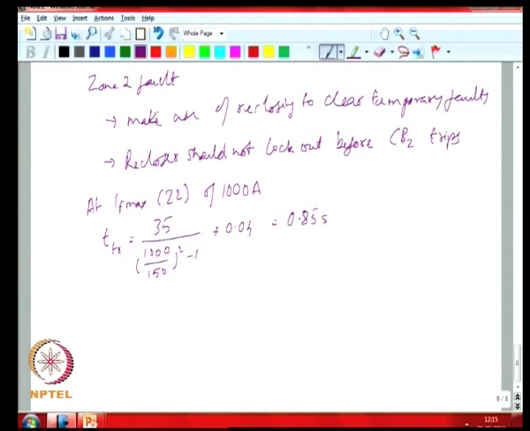is 0.85 seconds, and if you look at now your T naught duration of 0.1 seconds, then this corresponds to the breaker advancing by 0.1 divided by 0.85, which corresponds to 11.8% of your trip time for the circuit breaker.